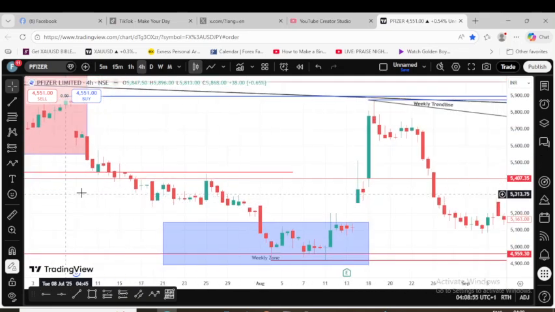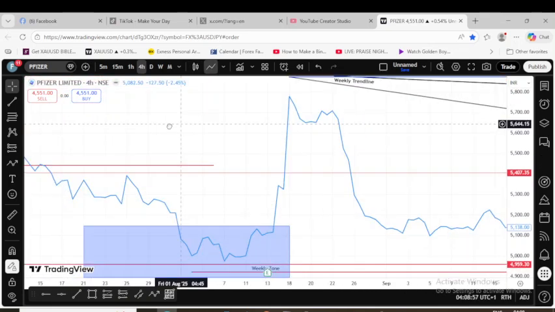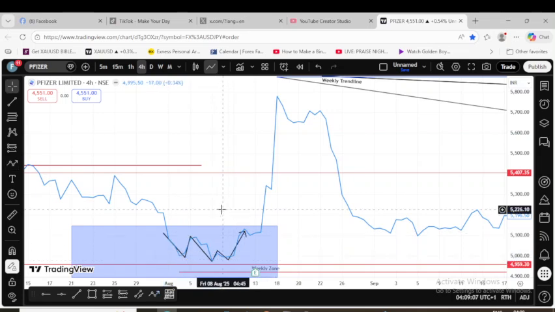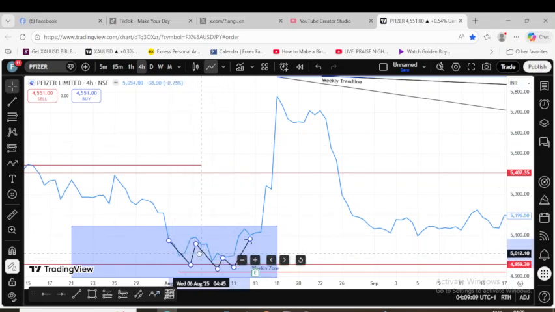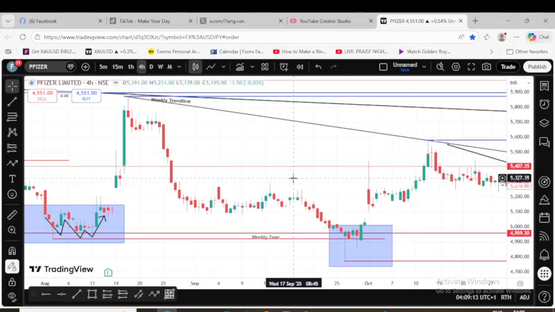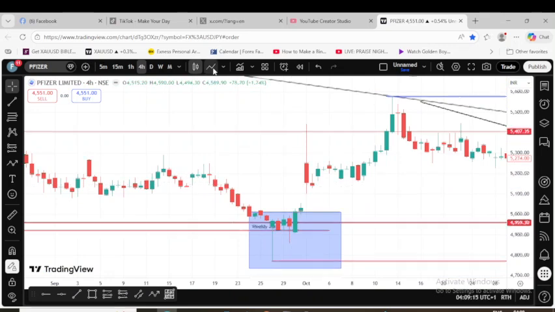Similarly, you can see another W pattern in this blue box. In fact, you will have a W pattern within a W pattern. So this is actually a W pattern within a W pattern. Yeah. And then finally in the third box, you have another W pattern. This is another W.